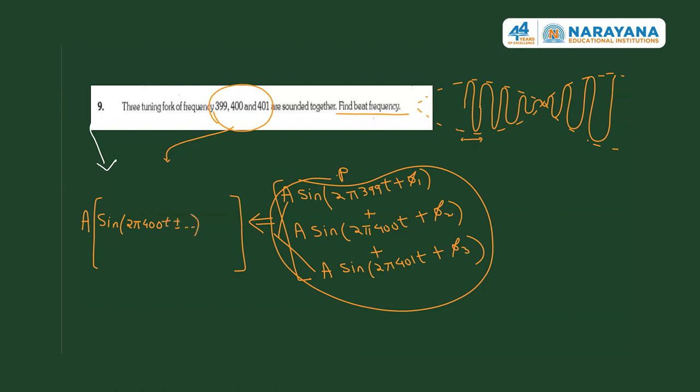And then a sine or cos term with a time period, because in these 3 terms, this will come out as a common term. The second term, a sine or cos function, plus or minus some constant. In this case, that comes out as 2 cos 2 pi t, plus or minus whatever constant. So what I am trying to say is that there is a frequency of 400, and then there is a frequency of 1.